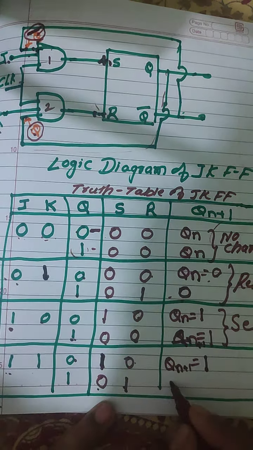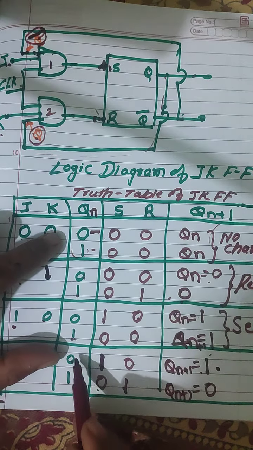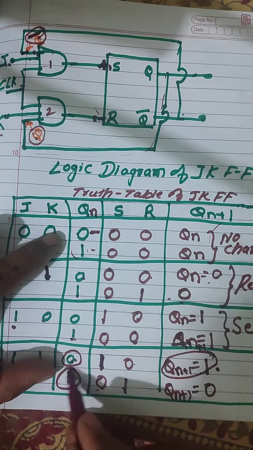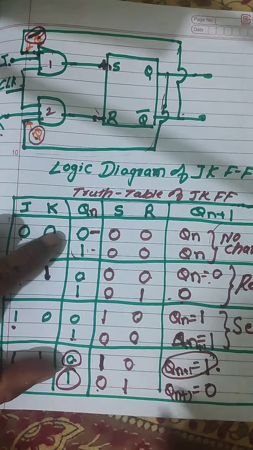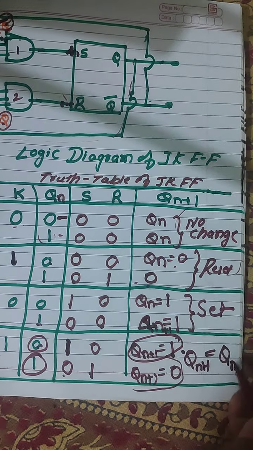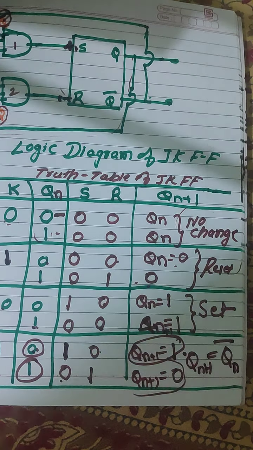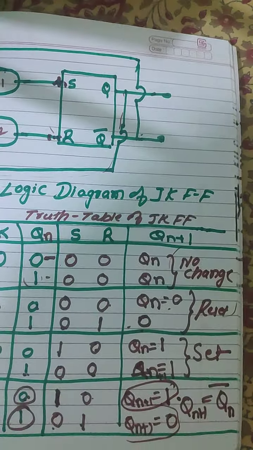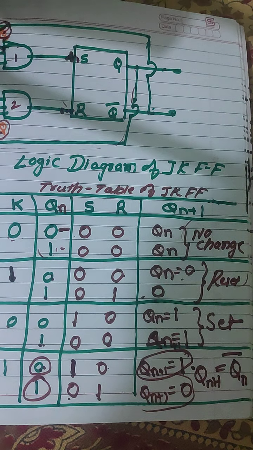So if you compare, when Qn is 0, Qn plus 1 is 1. When Qn is 1, Qn plus 1 is 0. So what can we generalize? Qn plus 1 is the complement of Qn. So this is how we have analyzed the flip-flop. So probably you would have understood.